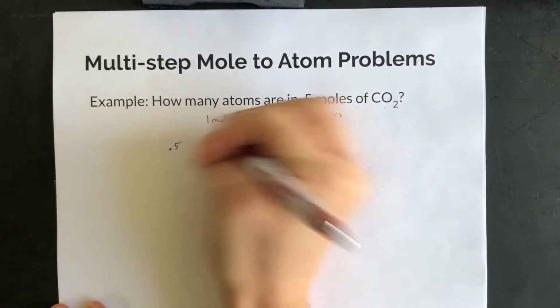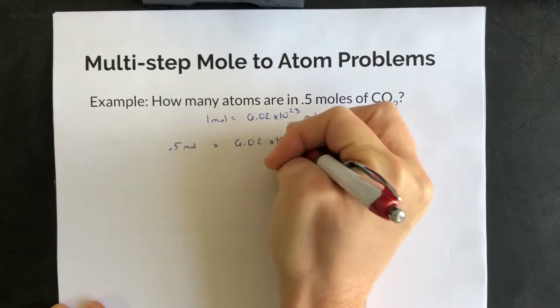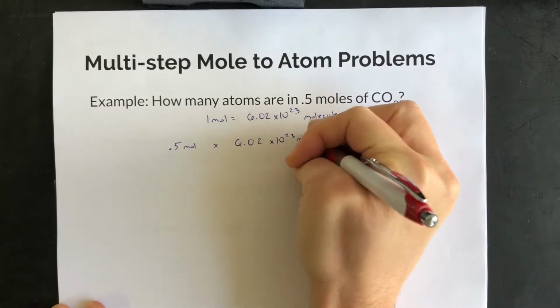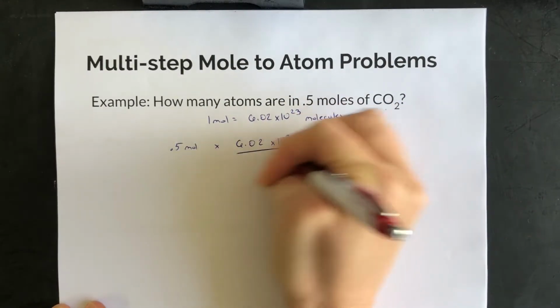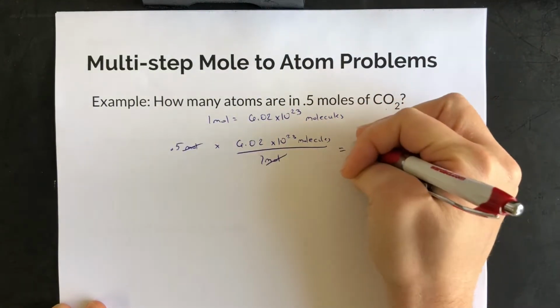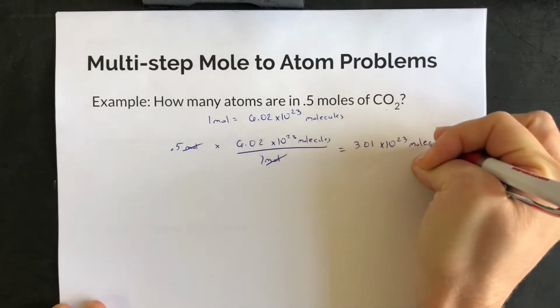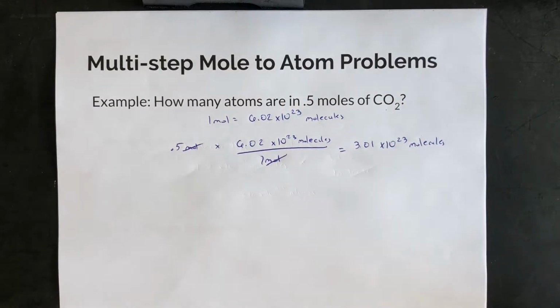We take 0.5 moles times 6.02 times 10 to the 23rd molecules over 1 mole. Moles go on the bottom so that they cancel out. We get 3.01 times 10 to the 23rd molecules. So that's going to be the first step that we need to take. But we're looking for atoms, so we have another step to go.